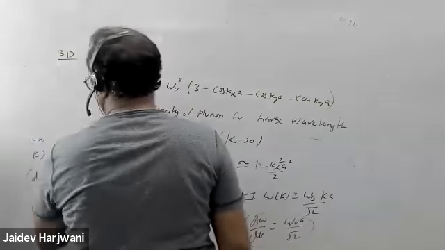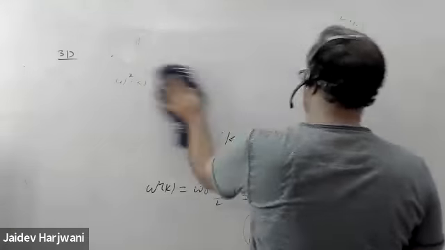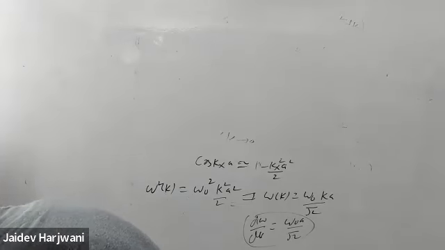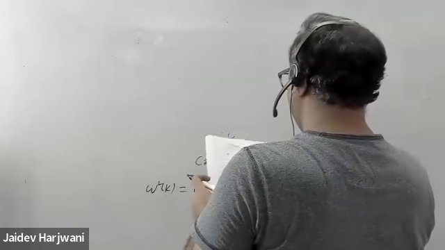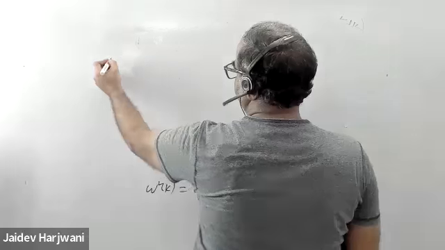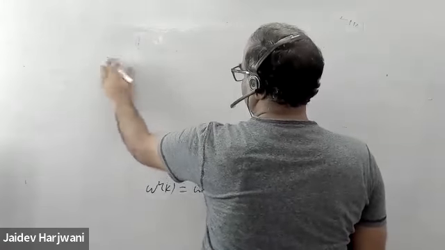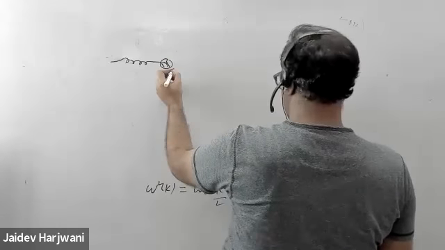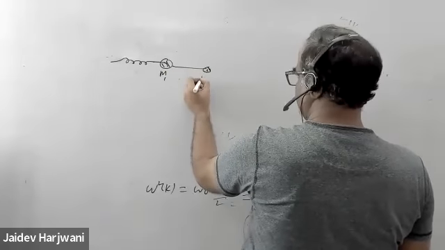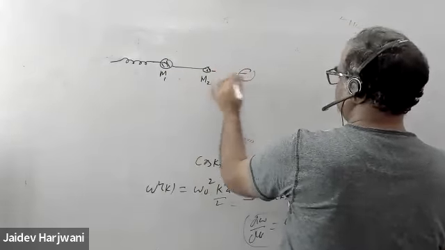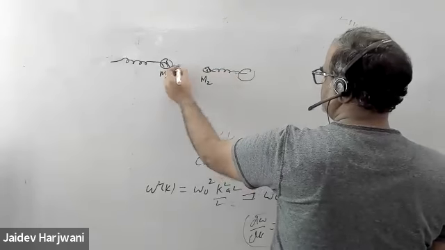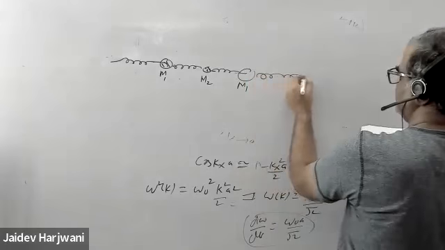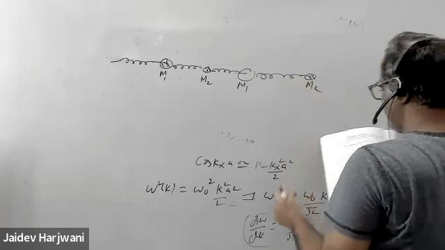So let me take one last problem, which I'm not going to solve, which we have already done in class. You just tell me the answer. Okay, they have given a one-dimensional diatomic lattice. Say this mass is m1, the other mass is m2, then mass m1, and then mass m2. They are in a chain.